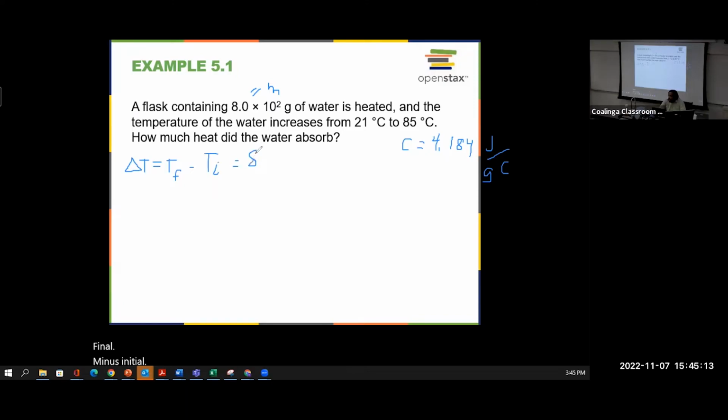So we have 85 minus 21, 64. So we have Q equals m times small c times delta T.